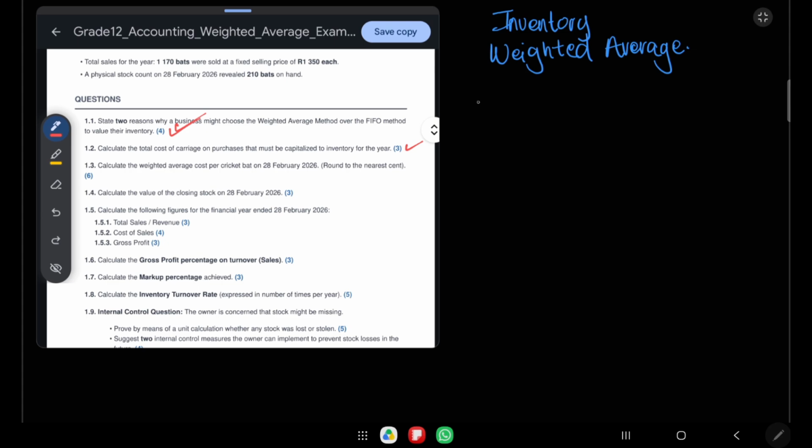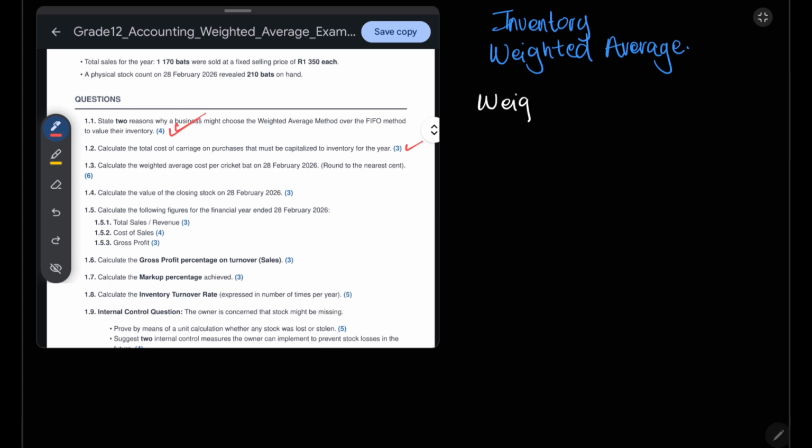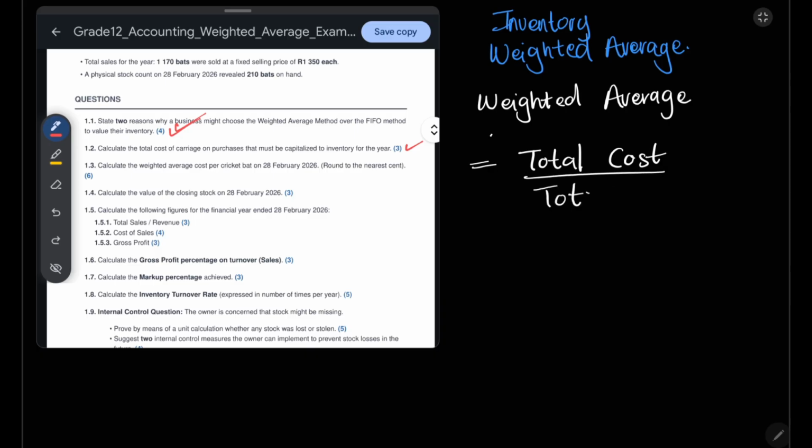So our weighted average formula is, if you want to get the rate, total cost over total units, or whatever formula that I told you guys in the first video. So it's normally total cost over total units.